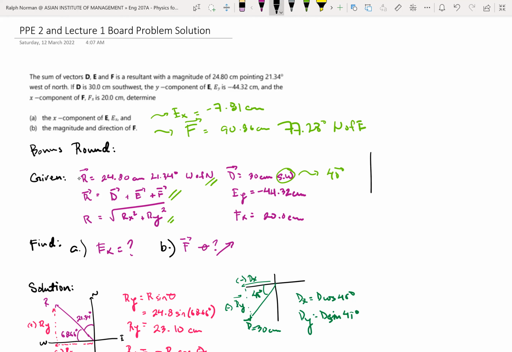So it's kind of like that already, no? 45 degrees. Okay? Sige, balik natin. And then you have the y component of E, which is negative 44.32, and the x component at 20 centimeters. Important to note that they gave the sign. So what does it tell you?